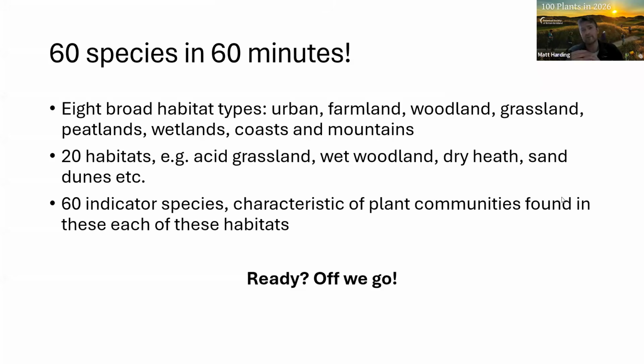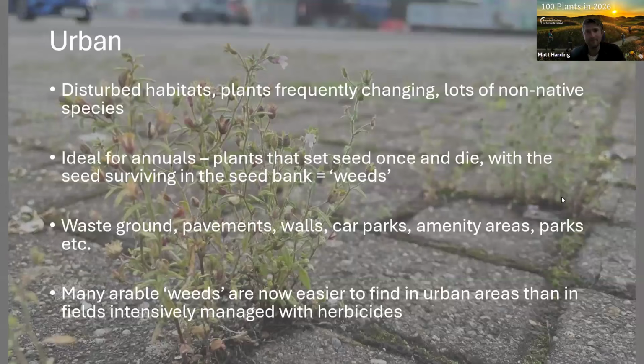So, for example, we're narrowing it down to acid grassland or wet woodland or dry heath, sand dunes. And we should hopefully get through 60 of these characteristic indicator species of plant communities found in each of these habitats. So if you're ready, then off we go.